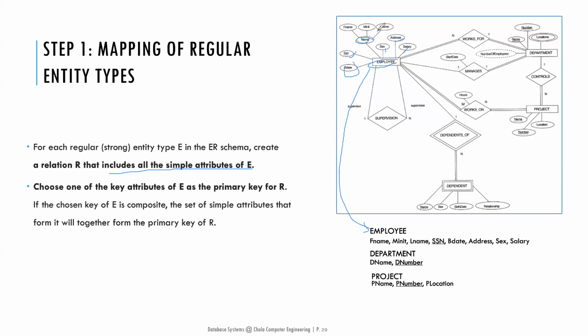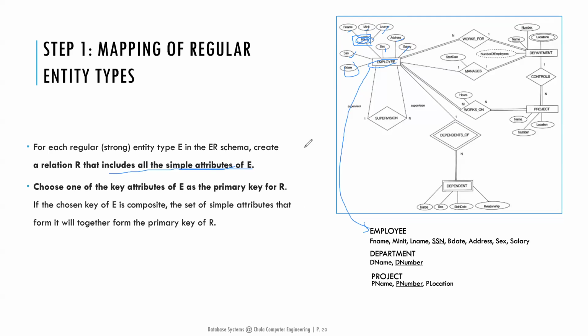I only take first name, middle initial, and last name. You only take the children; you don't take the parent. So you have 1, 2, 3, 4, 5, 6, 7, 8 here. I don't have this particular one because it is not a simple attribute. It's a composite attribute, and I want the end product, which is the children part of it, if there are any nested attributes.